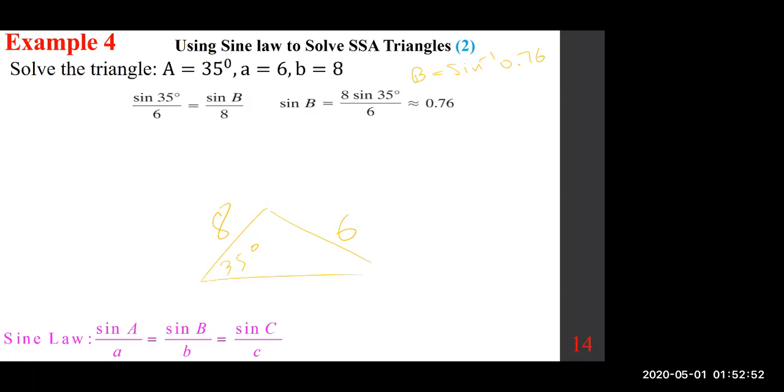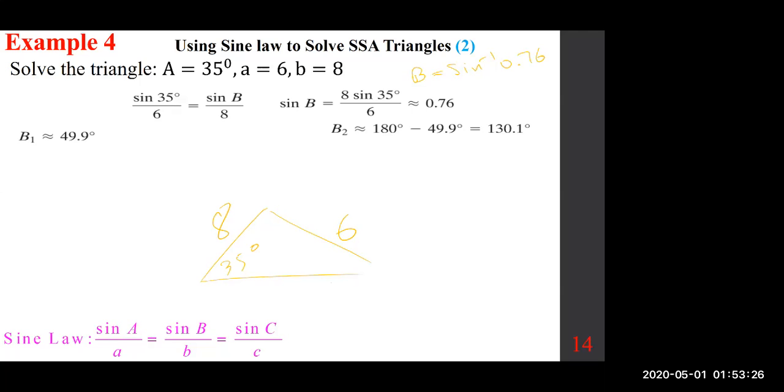When we use sine inverse of 0.76, we get 49.9 degrees using a calculator. This is not a common arc. If we subtract this from 180, we get 130.1 degrees.